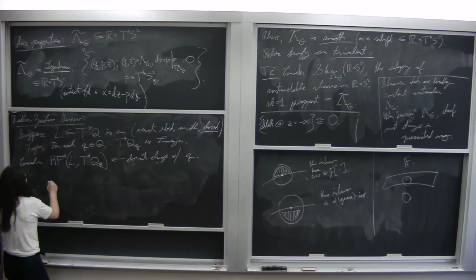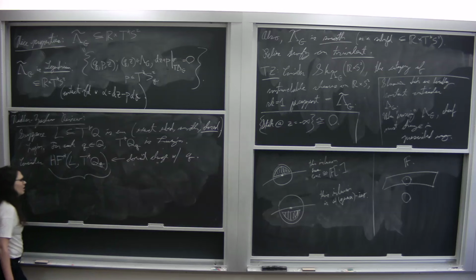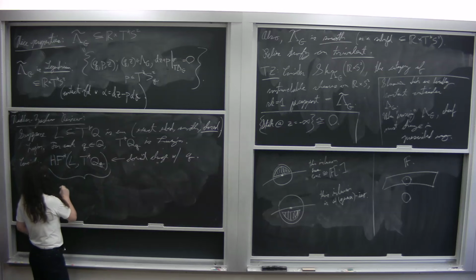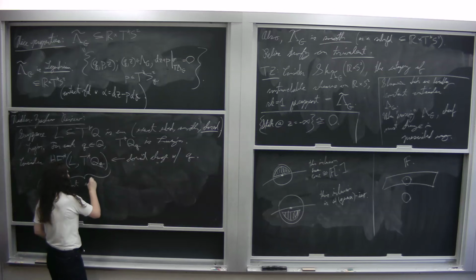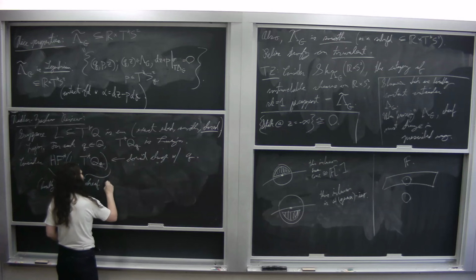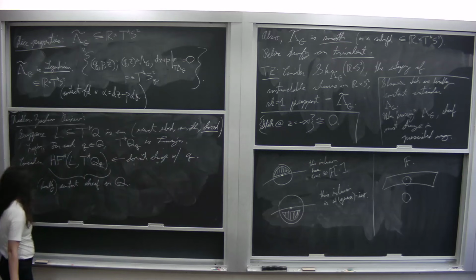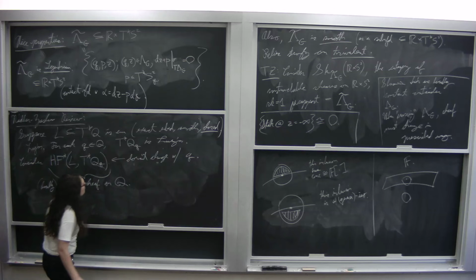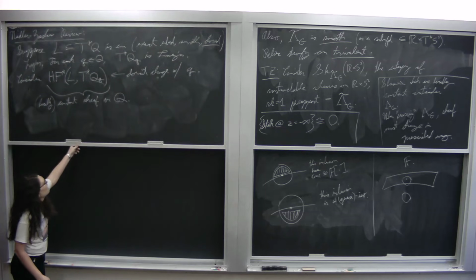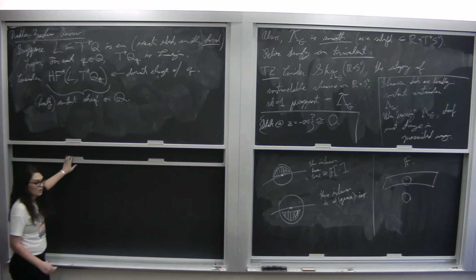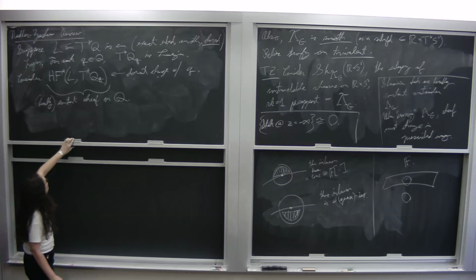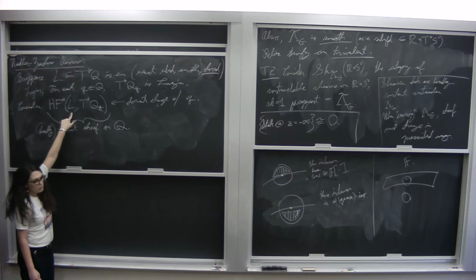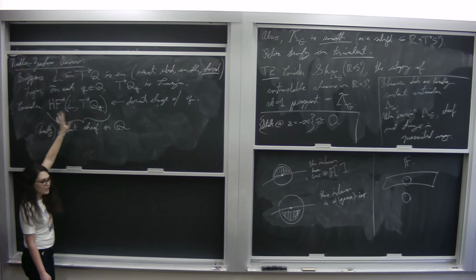And so what that means is that we could think of this whole thing as just a constant, or maybe locally constant in the non-simply connected case, sheaf on Q, right? But notice that since L is compact, there's not much that can go wrong.